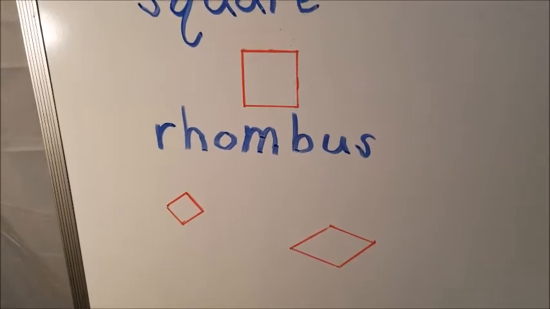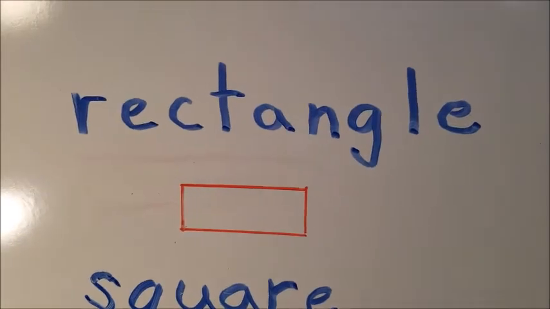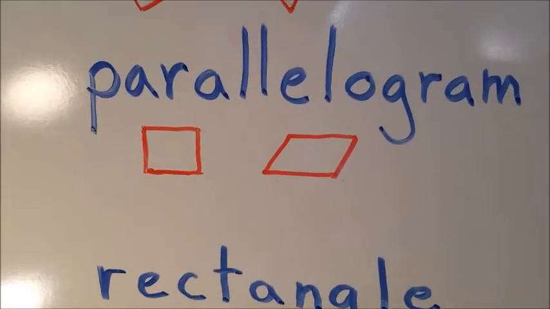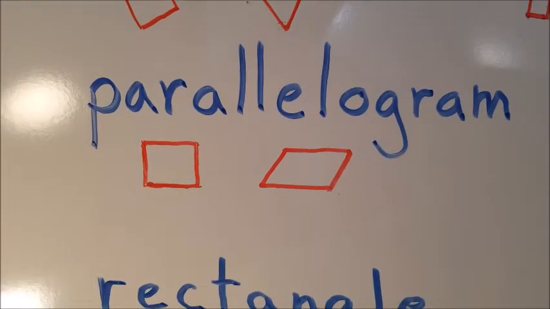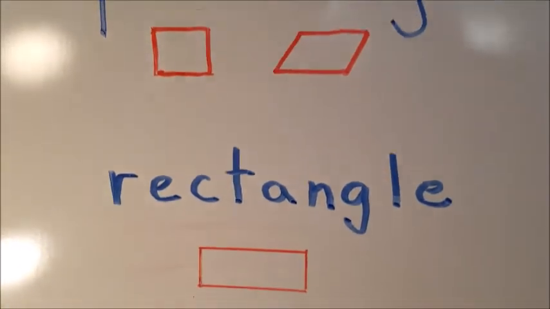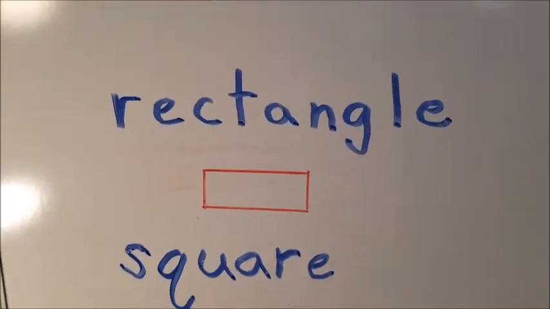All rhombi, squares, and rectangles are parallelograms. But not all parallelograms are rectangles or squares.